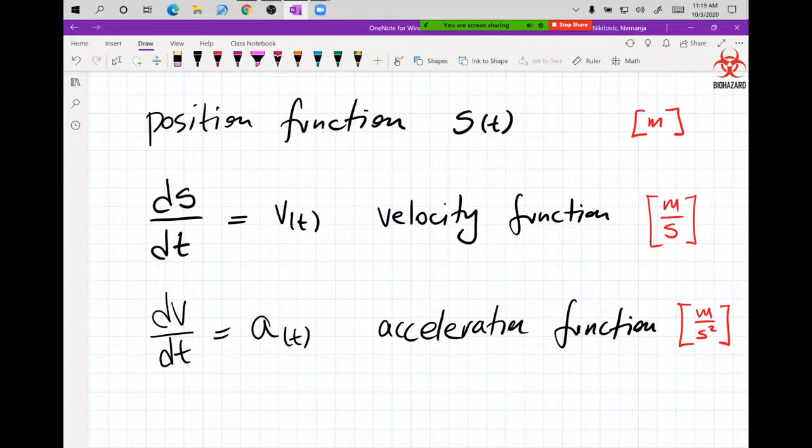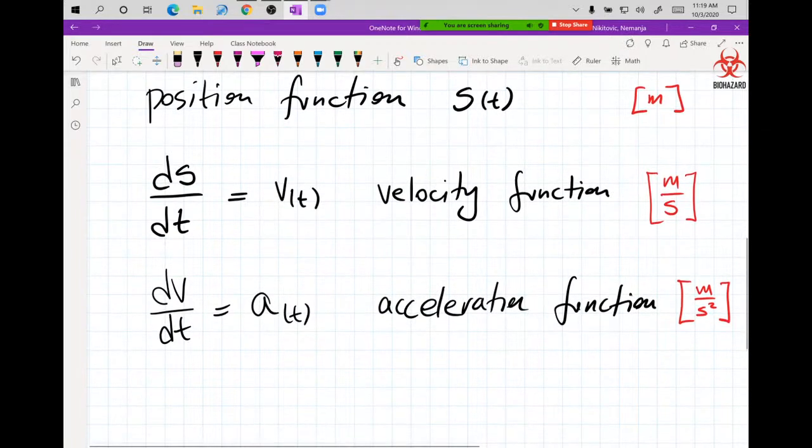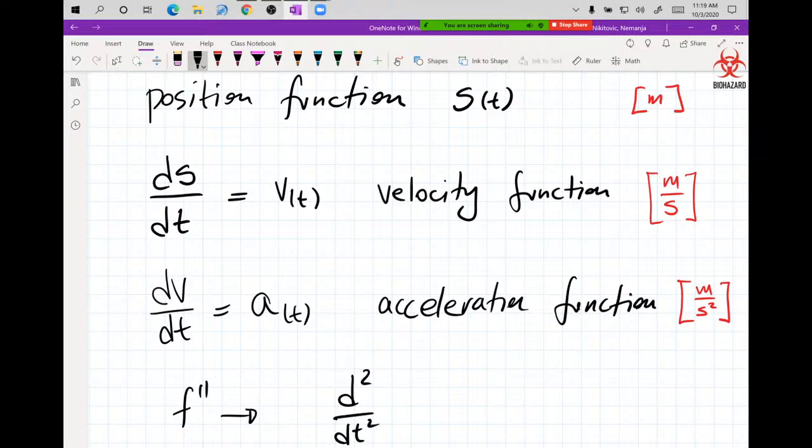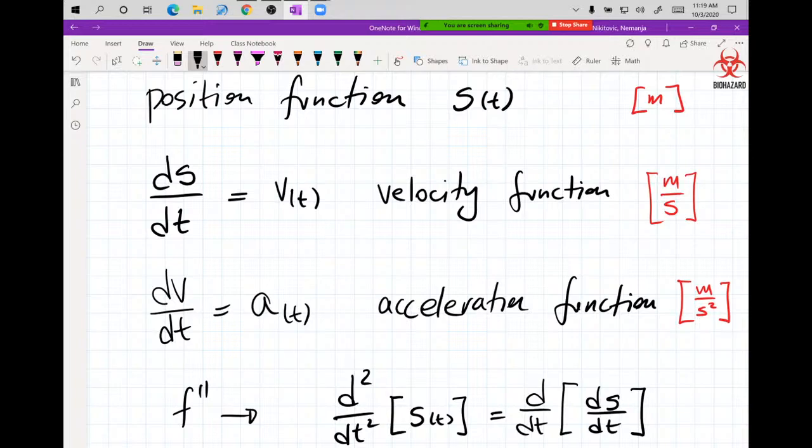Now, if you take a look at the one on the bottom, we can finally talk a little bit about that Leibniz notation for the second derivative, which now makes a whole bunch more sense. Remember that we said that the second derivative can be written as d squared over dt squared of the function, and now I'm going to put s of t inside. So I hope that you see that it is the derivative in time of the derivative in time when written in this form.